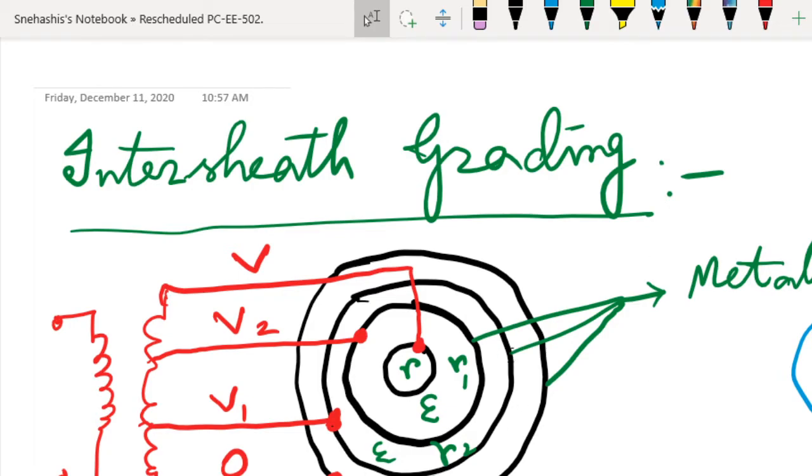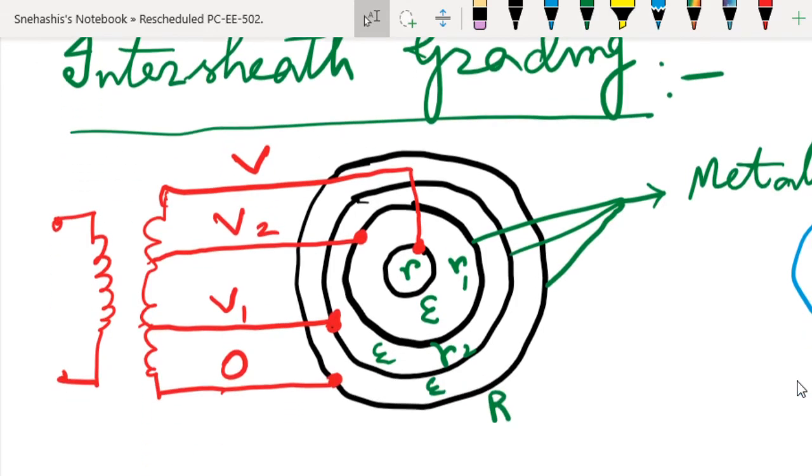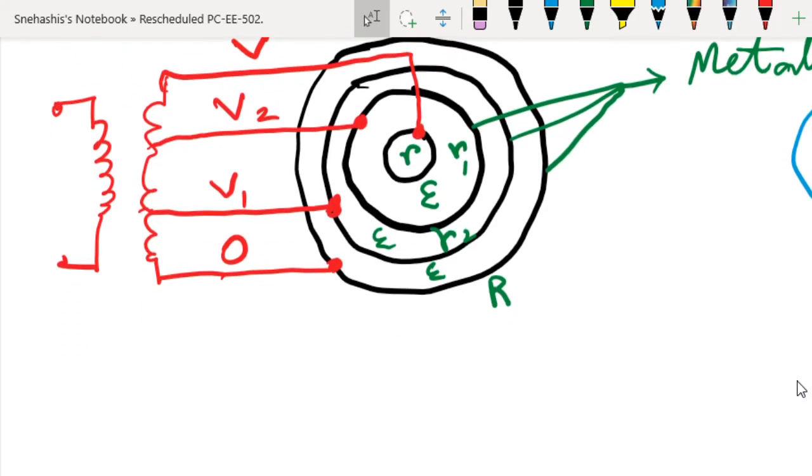But here intersheaths are placed, and we have to see that the stress distribution is better than the blue one case. That means the stress distribution with intersheaths is better than without intersheath. That we have to see.